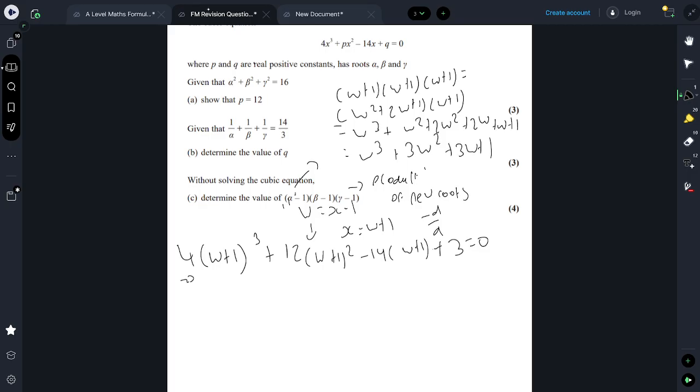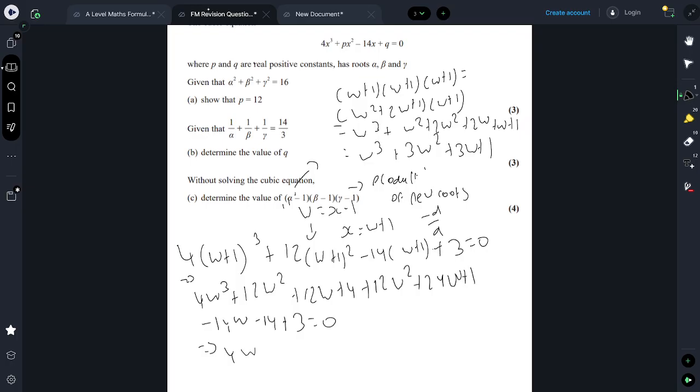So then 4 lots of that would be 4w cubed plus 12w squared plus 12w plus 4, plus 12w squared, 24w plus 1, minus 14w minus 14 plus 3 equals 0.